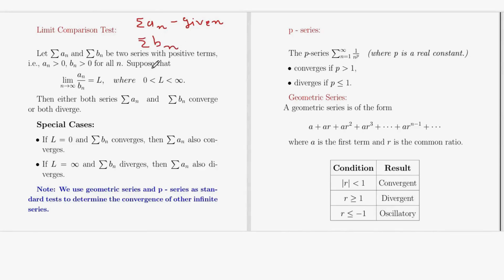BN is a series whose convergence or divergence we already know. What form should the BN series have? BN series is either a P series or a geometric series, because the convergence and divergence of P series and geometric series we can easily find, from the knowledge of P and from the knowledge of R.